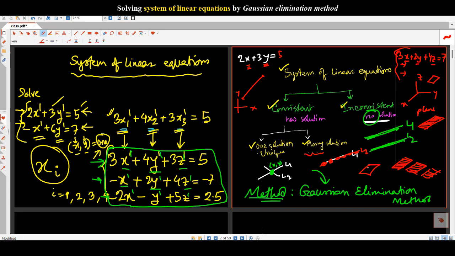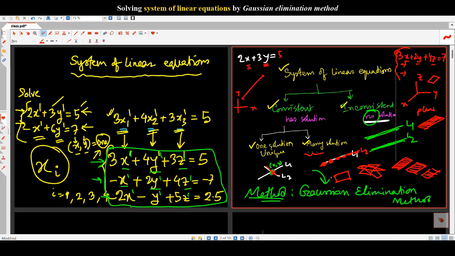Suppose the lines are intersecting, then you know that there will be one solution. So similarly, in the 3-dimensional case, you have 3 planes and the 3 planes have an intersection. That means there will be a solution. There will be one solution.